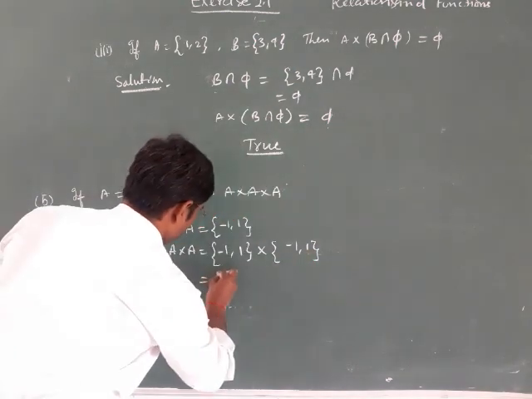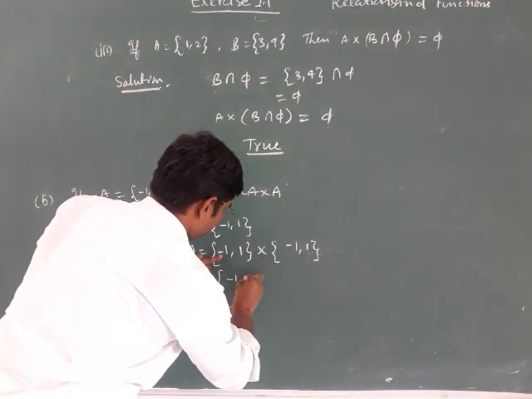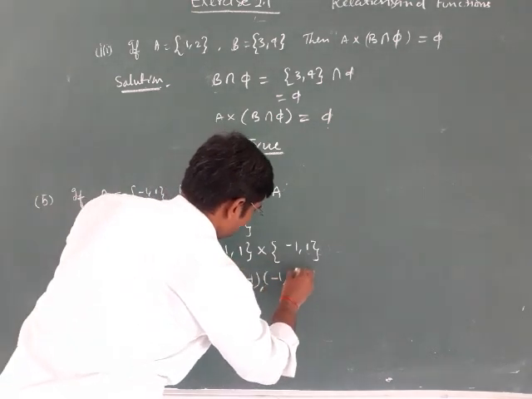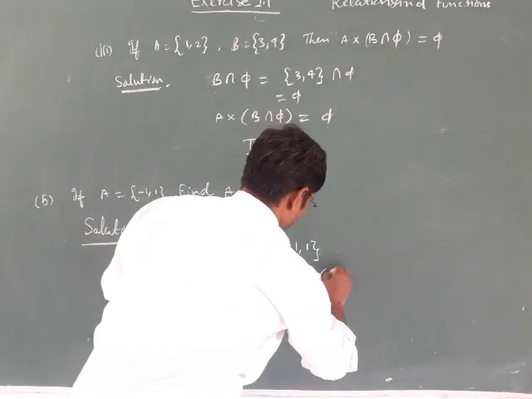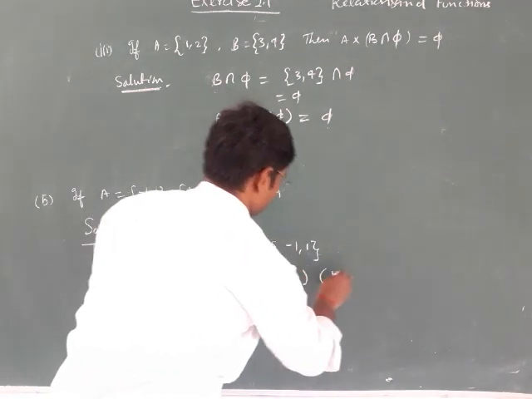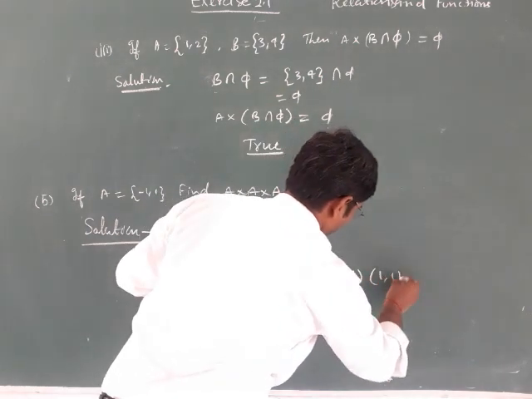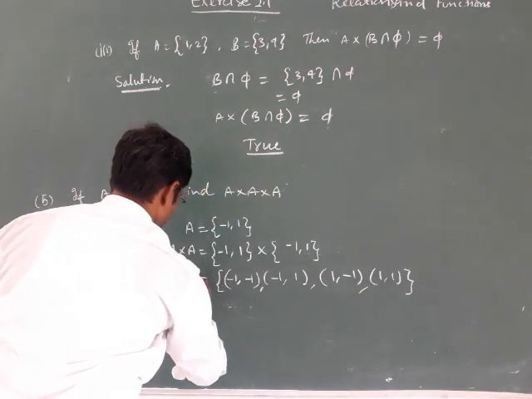So now (-1, -1), (-1, 1), and also (1, -1), (1, 1). This is A cross A.